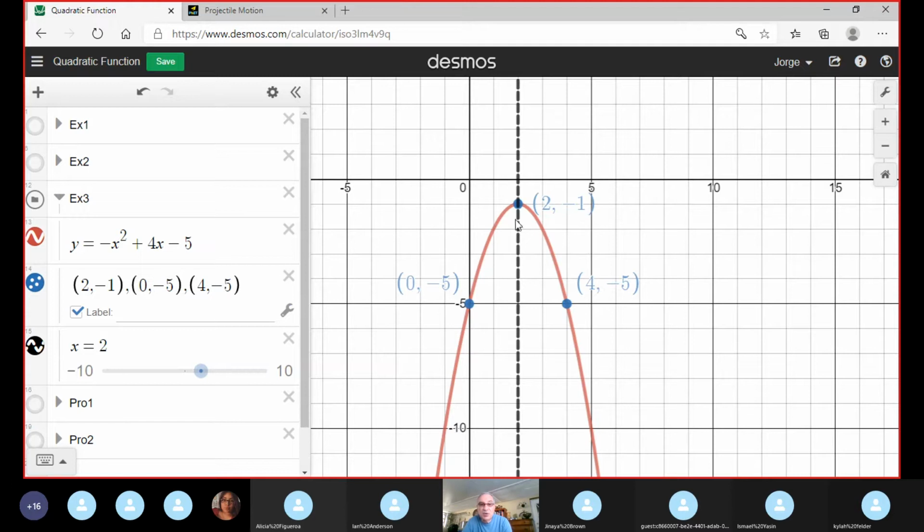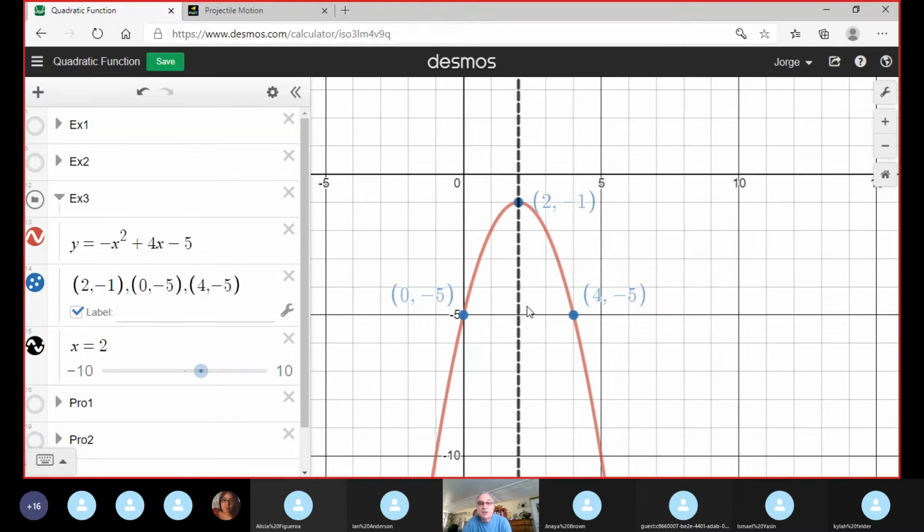So you have only 2 points. I need more points. Using the symmetry, the axis of symmetry is the vertical line x equal to 2, passing through the vertex, and the distance between the axis of symmetry and this point is 2. In the opposite direction, 1, 2.